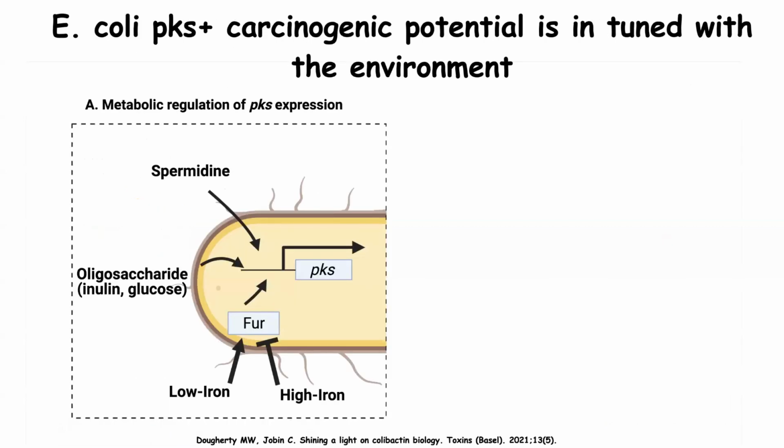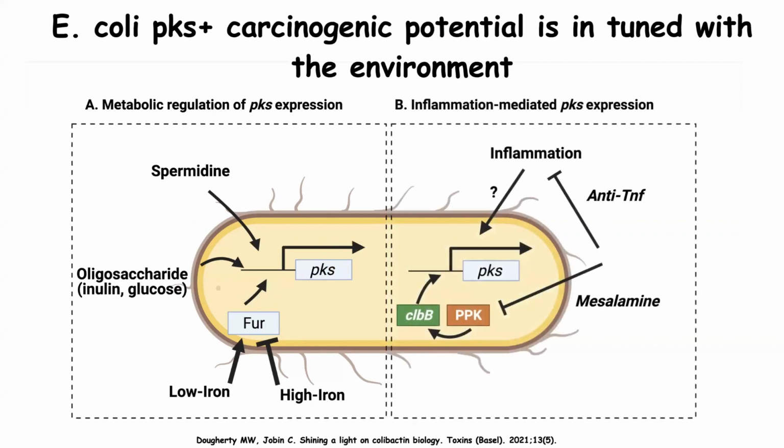So that brings me to this. The carcinogenic activity of bacteria per se is dependent on the environment where it evolved. If this environment has metabolic changes, such as increased spermidine, increased glucose, or different levels of iron, it all impacts, for example, PKS gene expression, which could impact colibactin production. At the same time, looking at inflammation, we told you anti-TNF probably decreases PKS, though we don't know the mechanism.